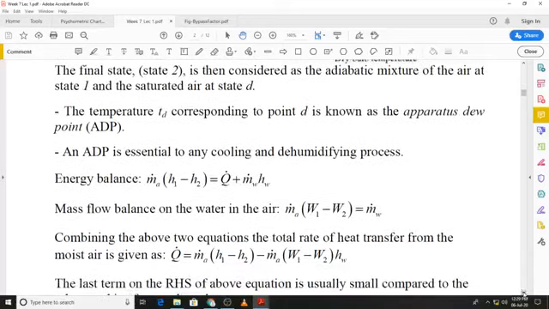And for a cooling and dehumidification process to occur, the apparatus dew point must exist.